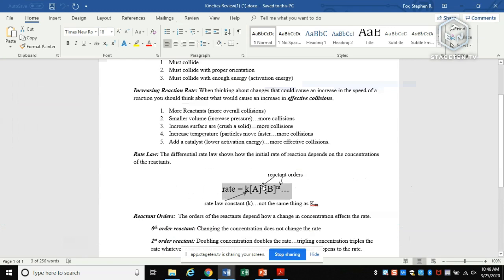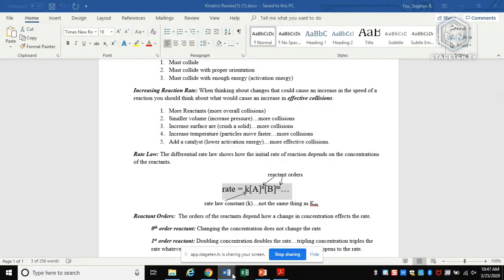And the only thing you actually have to fill in is what n and m are equal to. Okay? All right? If A comes out to be a first order reactant, then you'll write a 1 here. If B comes out to be a second order reactant, then you would write a 2 here instead of m. That's what a differential rate law looks like.